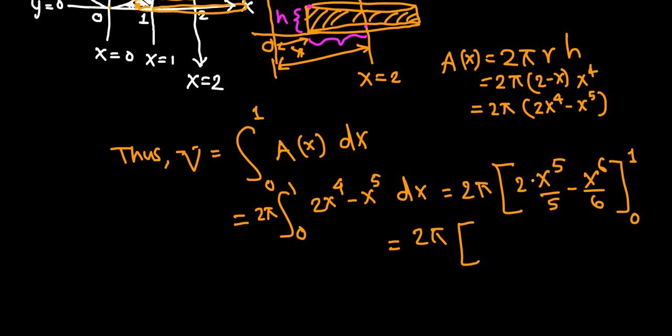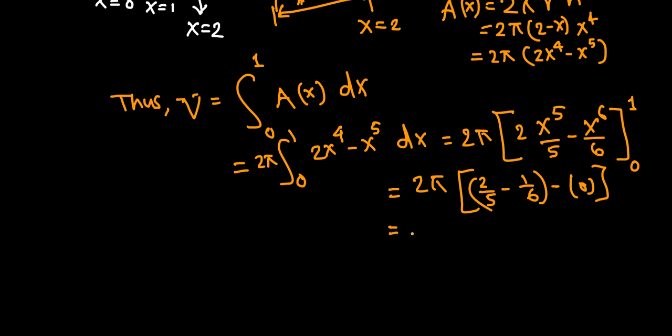That gives 2 times 1 to the fifth over 5, so 2 fifths minus 1 sixth, that's the upper limit, minus plugging in 0, which makes 0 for the lower limit. So 2 pi times just 2 fifths minus 1 sixth.